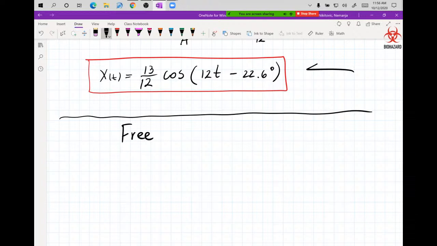Now, before I go to the next one, we can see from this model that this cosine will just make it oscillate forever. That's due to the fact that there is no term in the equation to slow it down, because it was just free undamped motion.